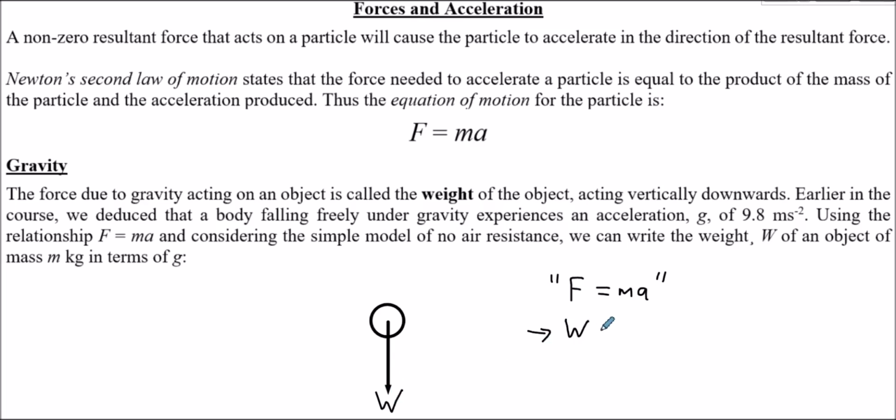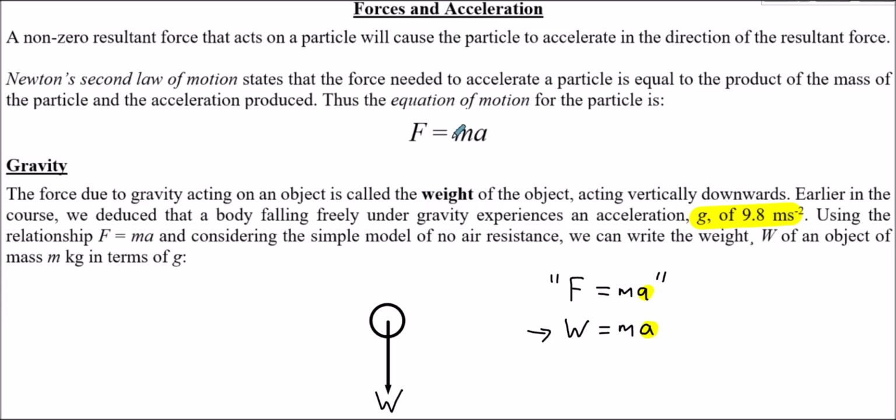So the weight is going to be equal to the mass of the object multiplied by the acceleration of the object. However, if the only force we're considering is the weight, then the acceleration will be the acceleration due to gravity, which is g. So this acceleration is one and the same as g.